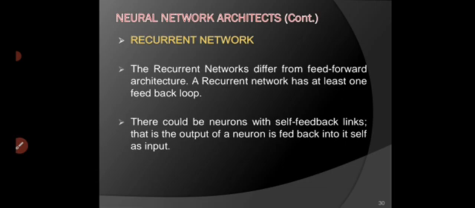Third is the recurrent network. The recurrent networks differ from the feed-forward architecture. A recurrent network has at least one feedback loop. There could be neurons with self-feedback links, that is, the output of a neuron is fed back into itself as input.